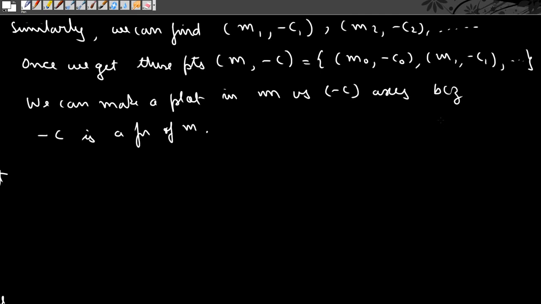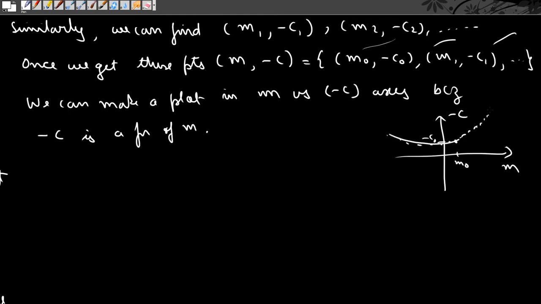So what I am saying is that we can represent all these points in a two-dimensional coordinate system where the x-axis denotes m and the y-axis denotes minus c, and I can plot. So if this is m naught and minus c naught, all the points I can plot in some way, and this will form a curve. That is what this particular statement is saying.